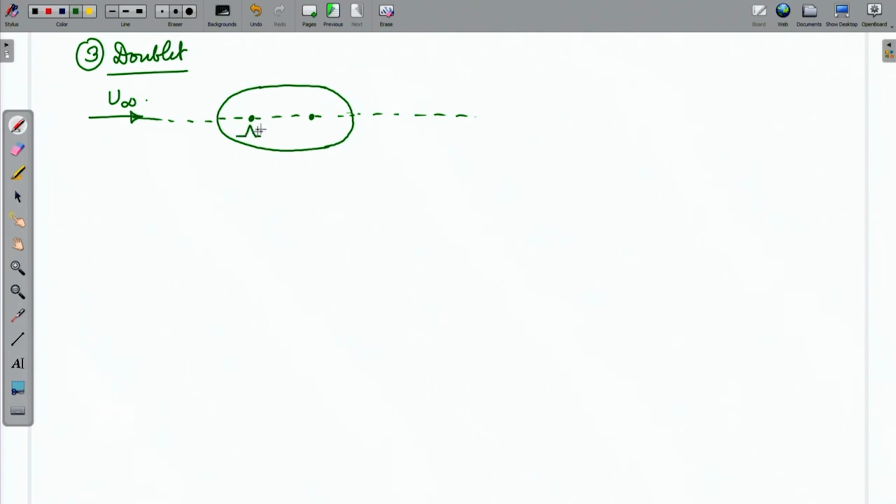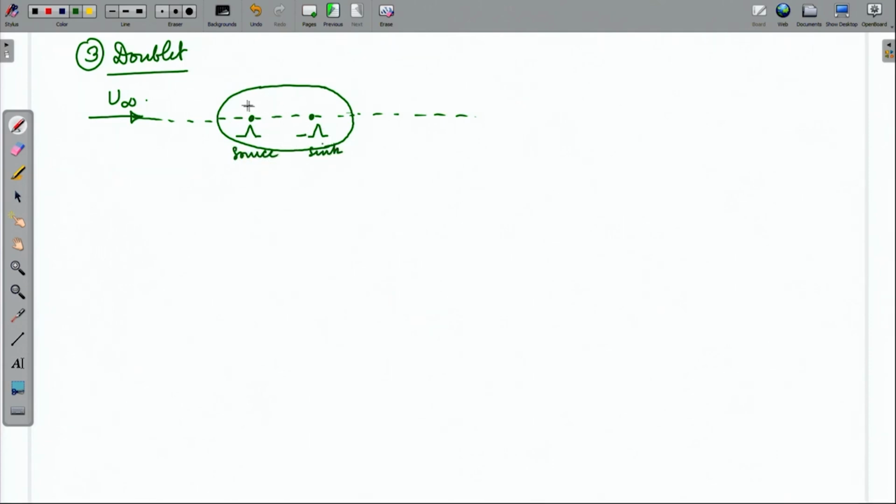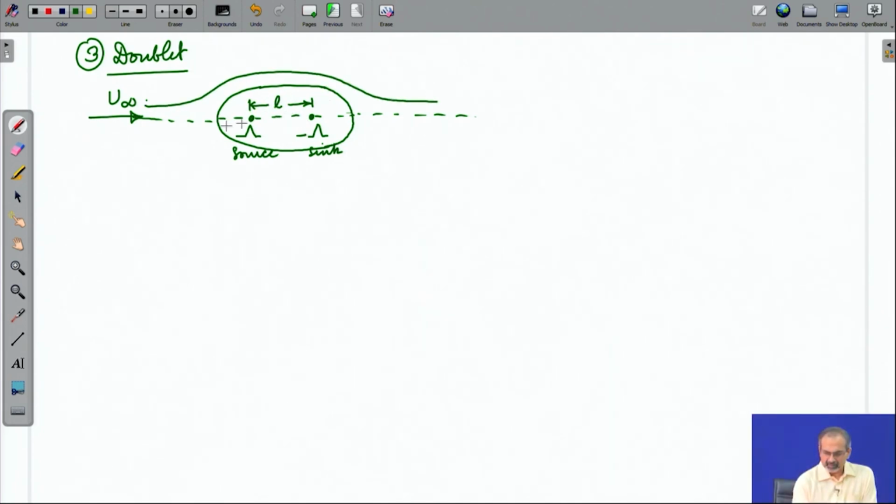So, you have a capital lambda here and a minus capital lambda here, which means this is a point source, this is a point sink, and they are separated by a finite length L. If this is the situation, then we have a potential flow past a so-called Rankine oval.